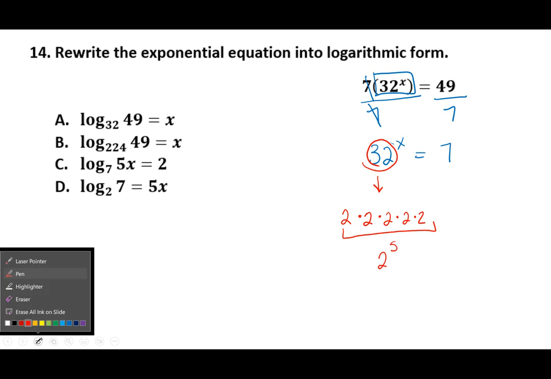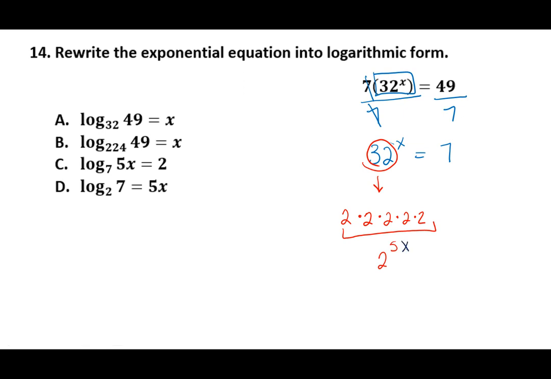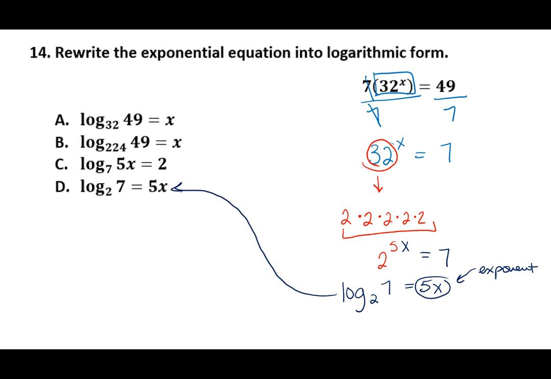And now we bring down the x equals 7. Now let's change this into log form. Log base 2 of 7 equals 5x. Remember, this is the exponent. Okay, so the answer is D.